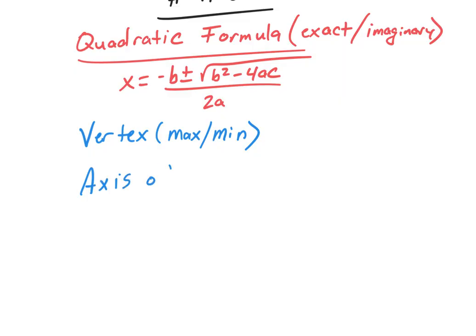The axis of symmetry. There was the little formula that we used. x equals the opposite of b over 2a. Remember, and here's what I'll tell you.